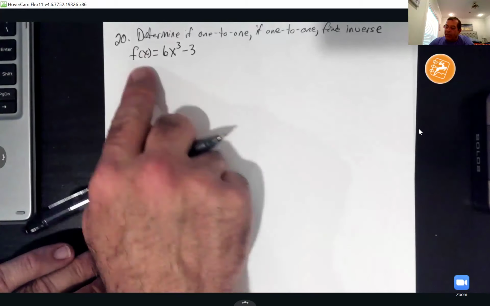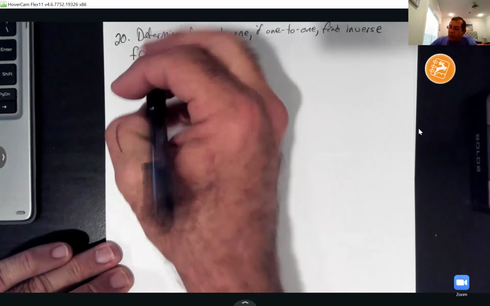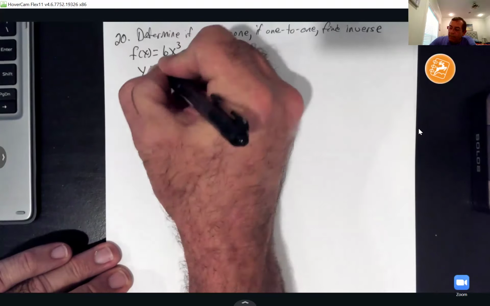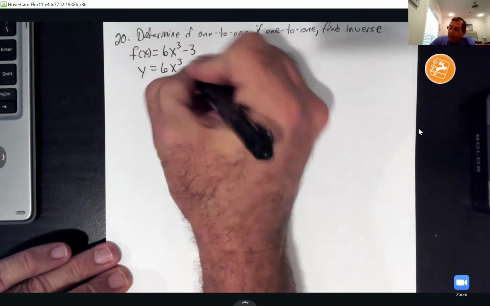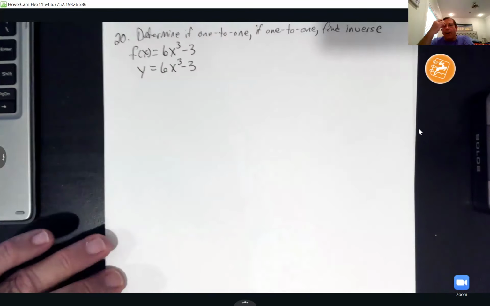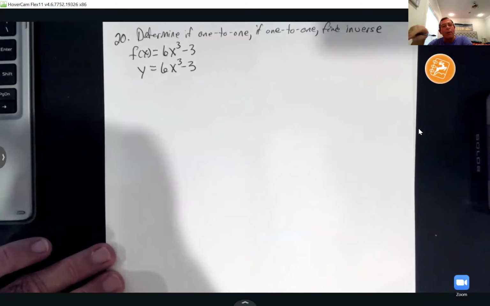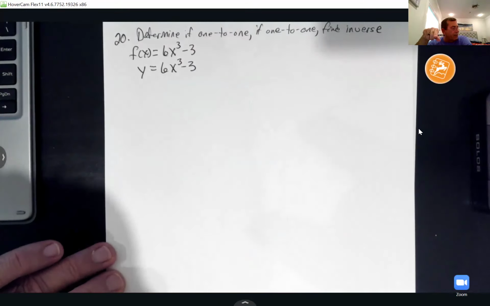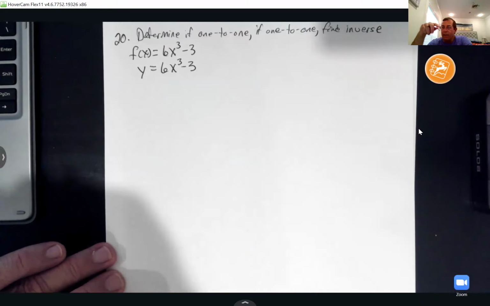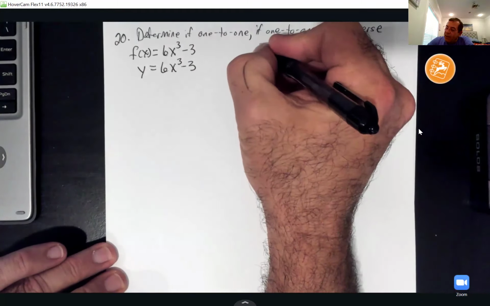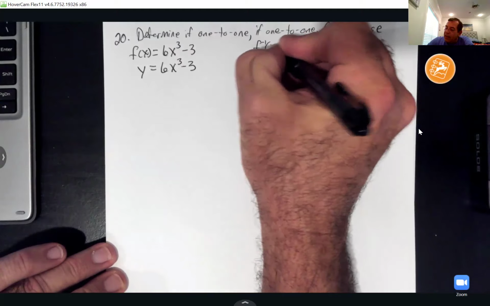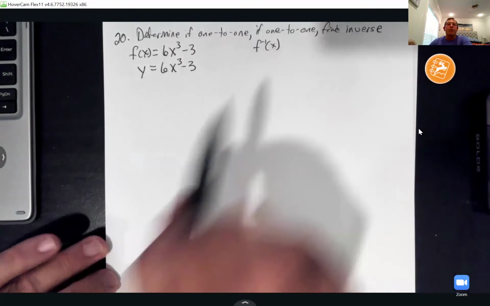So we will find our inverse by replacing the f of x with a y. So do y'all remember what I got to do next? Because remember, we're finding the inverse. That's your inverse notation.